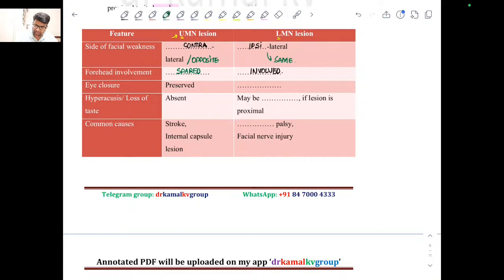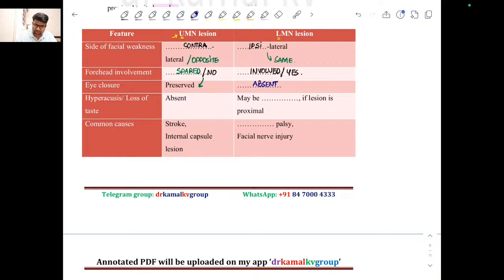So we can write no here, and here you can write yes. Okay. Eye closure is preserved here, and here it is absent. So the patient cannot close the eye properly. If you tell the patient to close the eye on the affected side in a lower motor neuron lesion, the eye will remain open. On the other side, it will close normally.